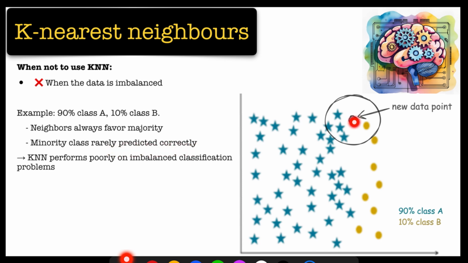For this new data point, if you find the 5 nearest neighbors, 4 come from the majority class, of course, since 90% is class A, and only 1 comes from class B. So we'll classify it as class A. Most of the time we'll classify it as the majority class, so KNN performs poorly on imbalanced classification problems.